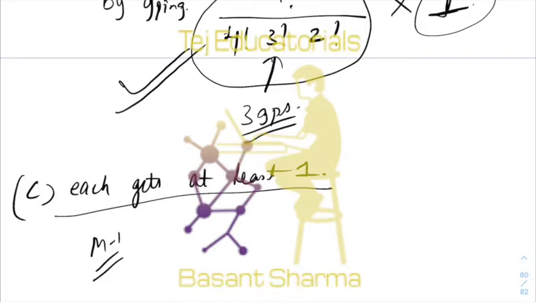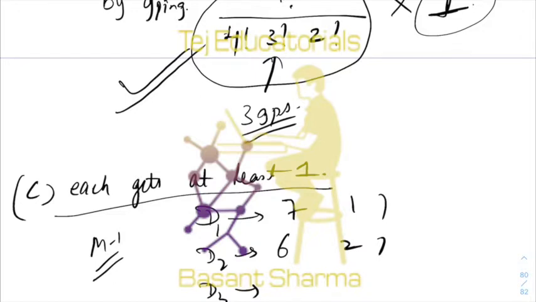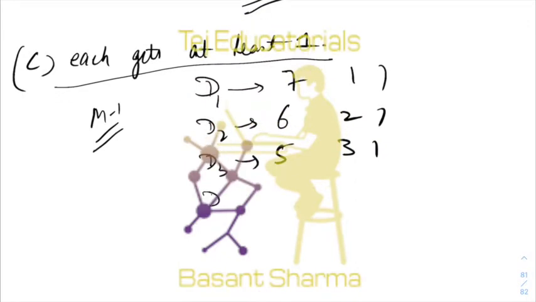For example, you have 9 different objects and you want to distribute them amongst A, B, C. So one distribution would be, let's say, 7 1 1, then another would be 6 2 1, then another would be 5 3 1, then 4 3 2, then 3 3 3.